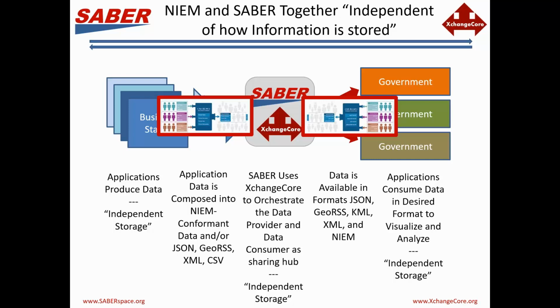So on the left-hand side, applications are producing data. You just saw that. That's a form of independent storage, and you can call it whatever you want. There is then an application data composition into the NIEM conformant data. That means when you move that business status to SABER, you're going to change your words into words that NIEM understands.